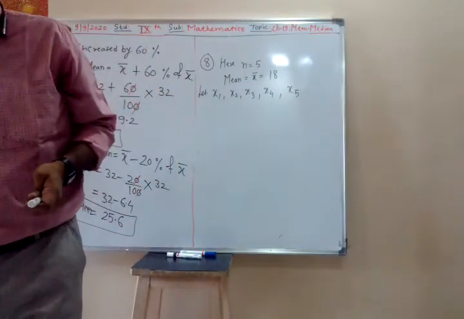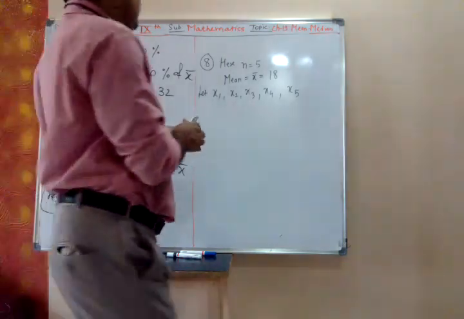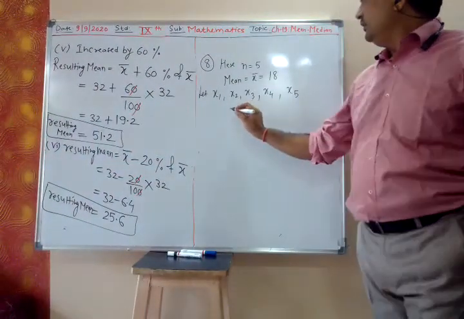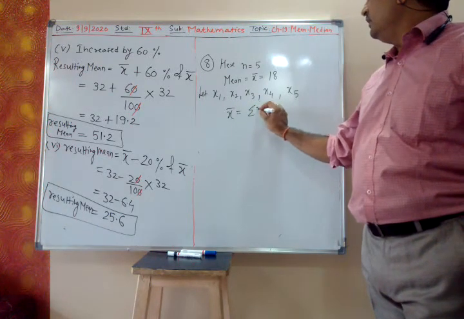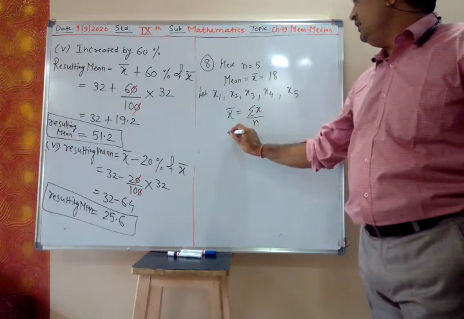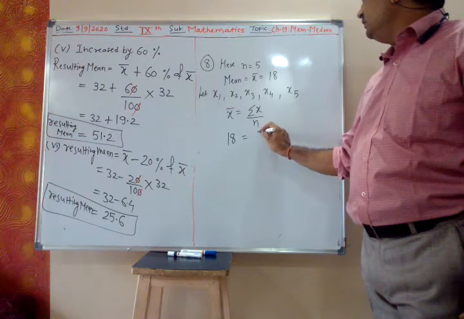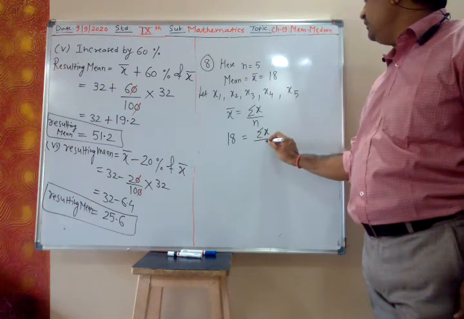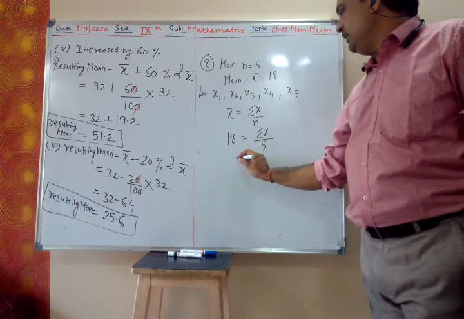So what we write? We write x bar is summation x upon n. So x bar is 18. Summation x we have to find upon n. N is 5. So 18 cross multiply, you will get 90.